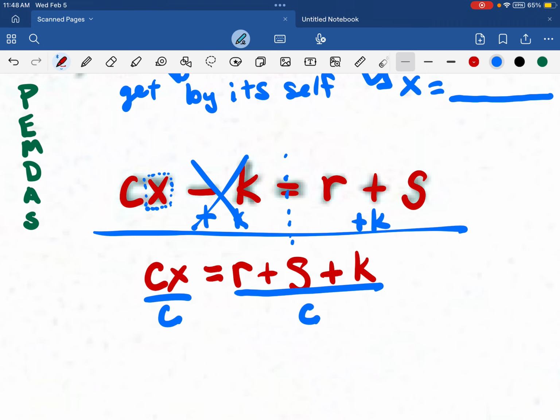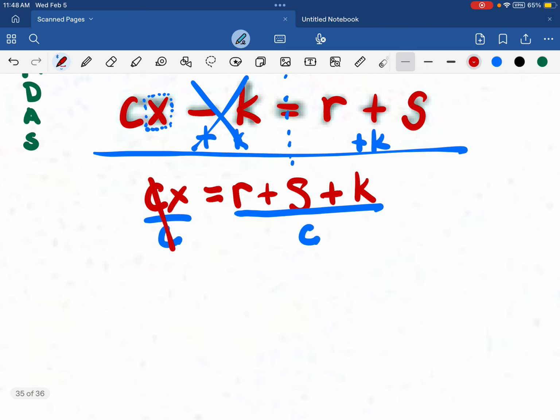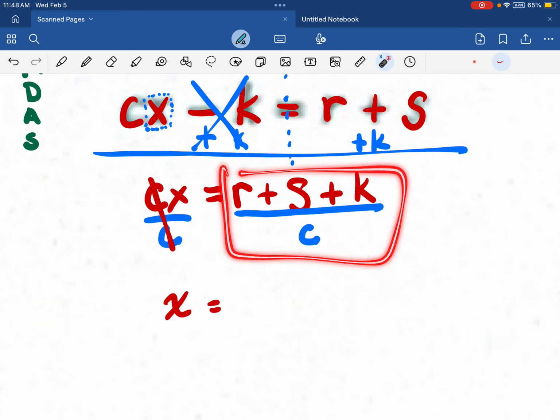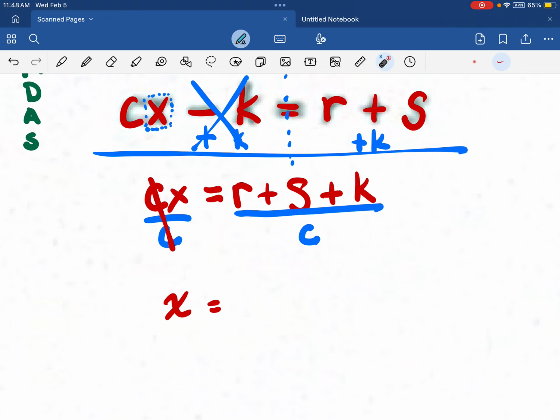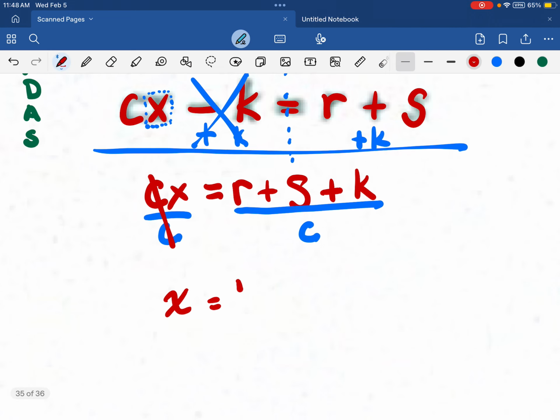So, this is going to cancel. And I'm going to end up with just X equals, and is there anything I can simplify over here? Anything I can combine? Anything I can cancel out? No, because we don't have any matching letters. So, R plus S plus K divided by C must be my answer.